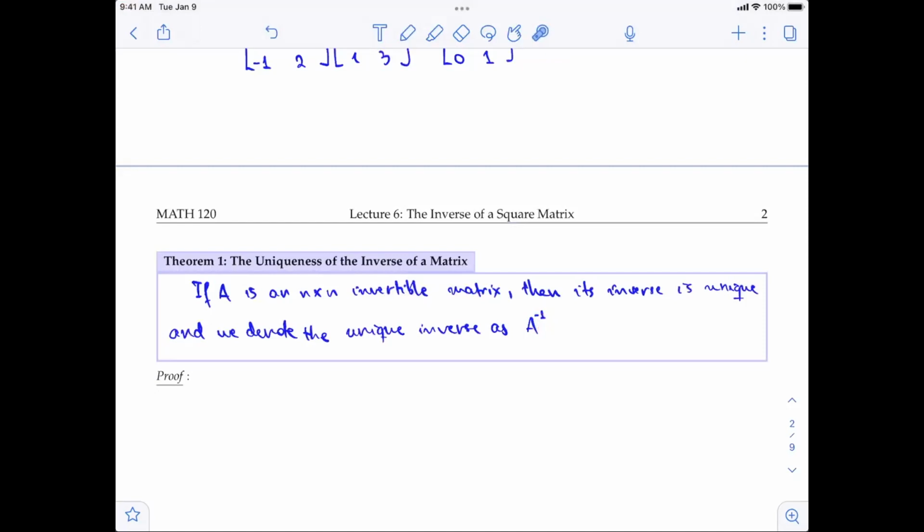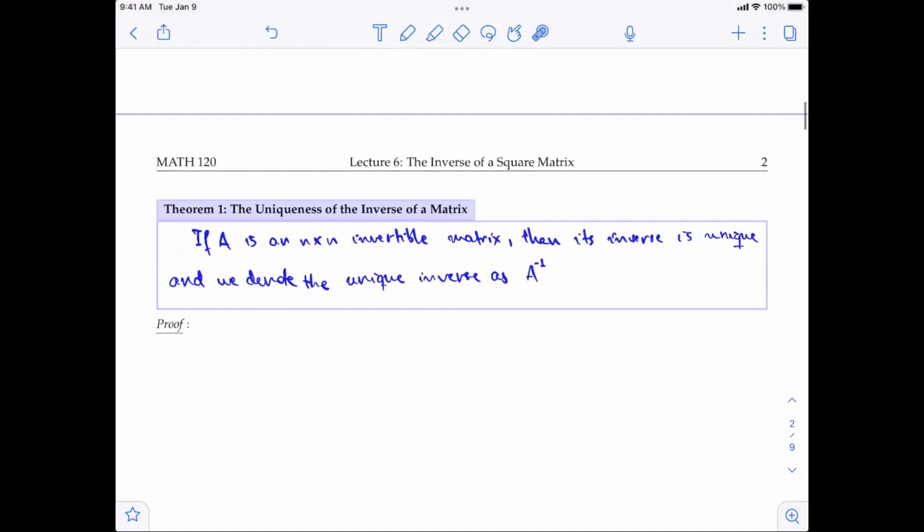All right, so we're going to quickly prove this particular theorem, the uniqueness of the inverse of a matrix. The proof is as follows.